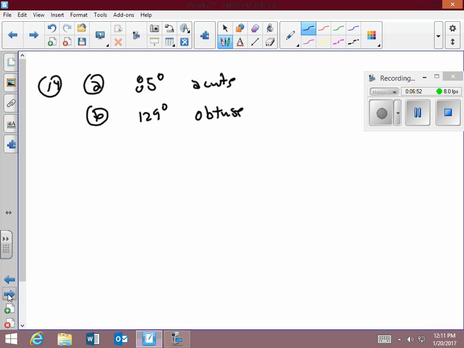And then for C, they're going to call that 100 degrees, and now they're not letting it be reflexive. They're making it come down, measuring from one side over to the other in the 0 to 180.